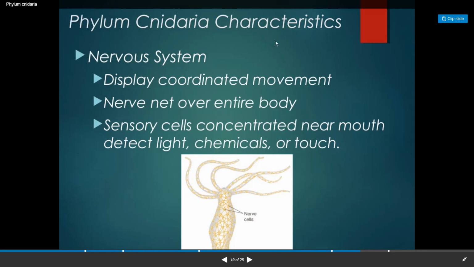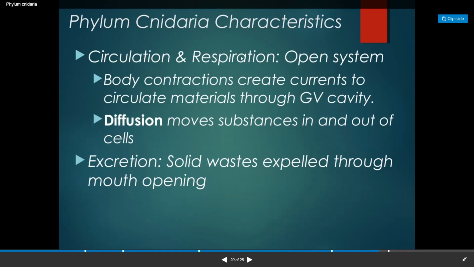So, phylum Cnidaria characteristics more. So you have a nervous system. This displays coordinated movement, a nerve net over the entire body, with sensory cells concentrated near the mouth, and they can detect light, chemicals, or touch. Circulation and respiration. So they have an open system.